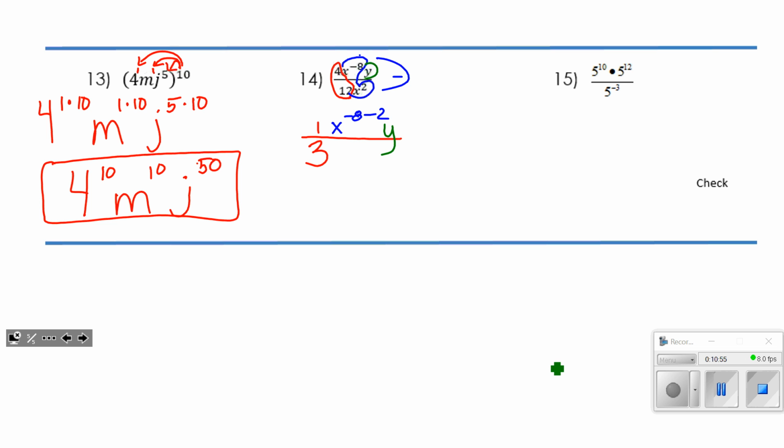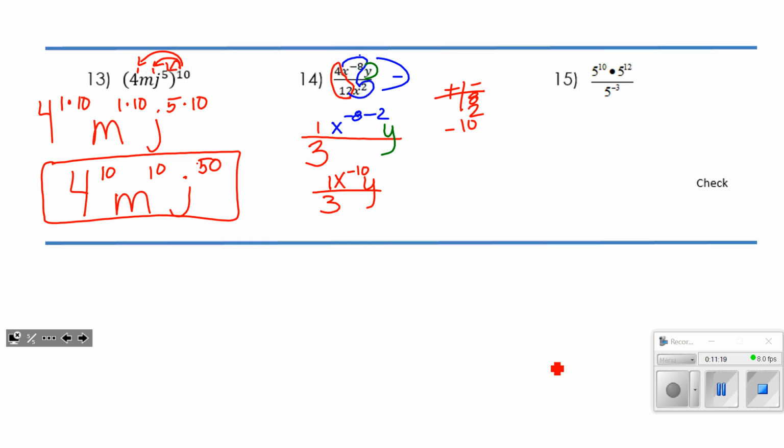Now we can solve what we have. The 1/3 will stay the same. X to the negative 8 minus 2, we do a t-chart. Negative 8 and negative 2, so that would be negative 10. So x to the negative 10th power, and then y.